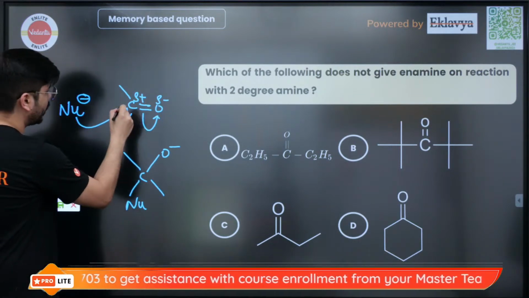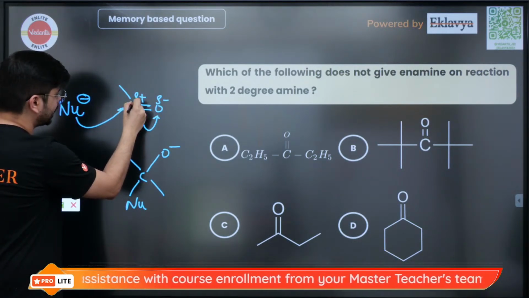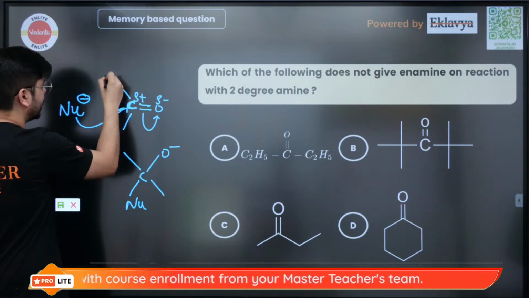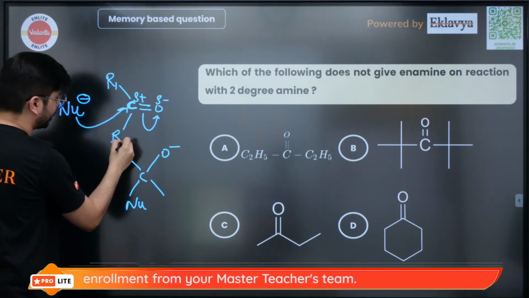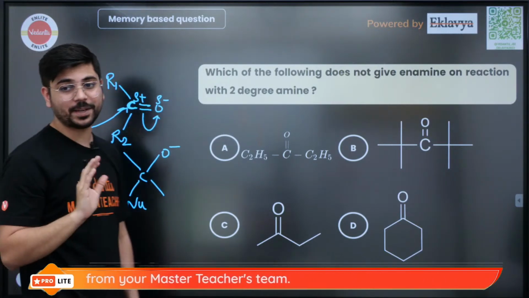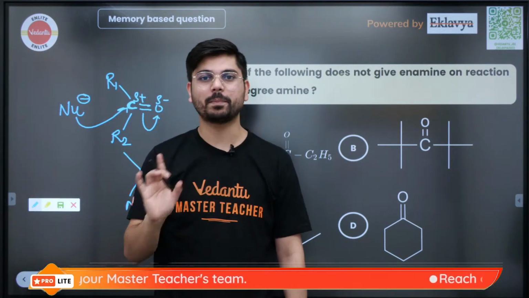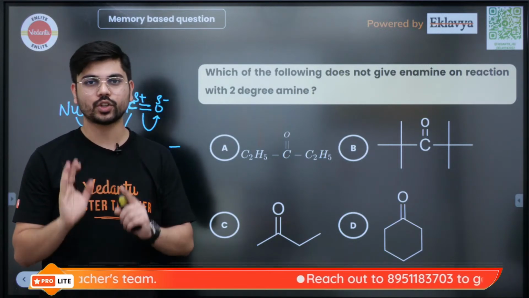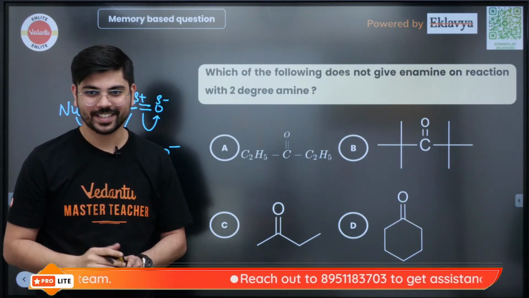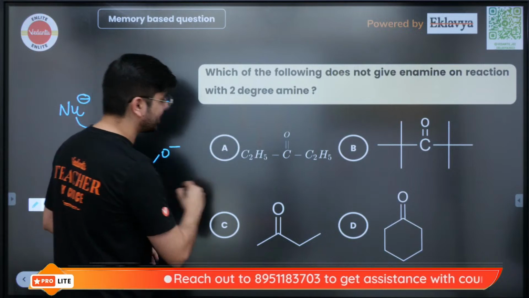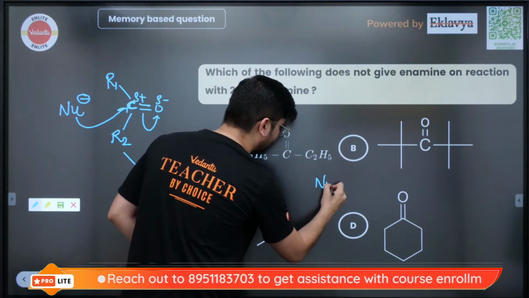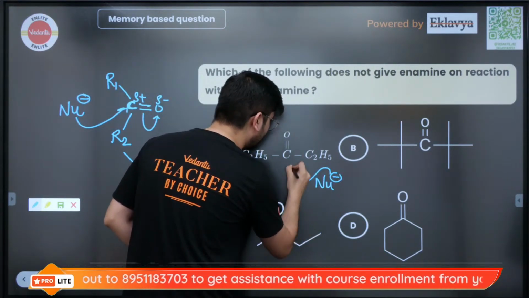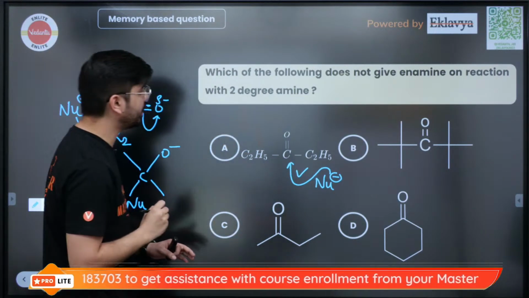So what is happening over here is, if this carbon is delta positive, the groups that I want over here, they should not be bulky. If they are bulky, nucleophile will not be able to attach on it, right? So in this case, the nucleophile would be easily attacking over here.